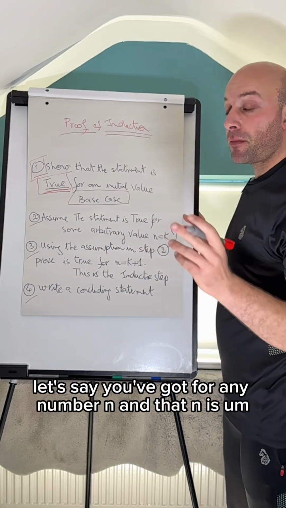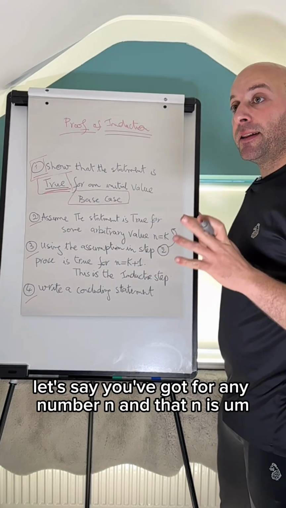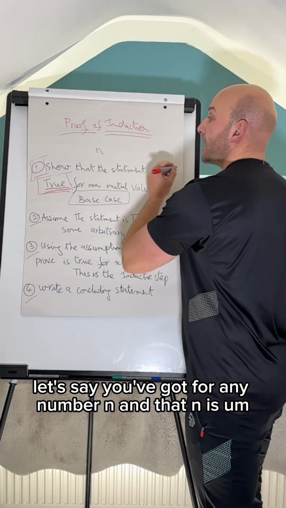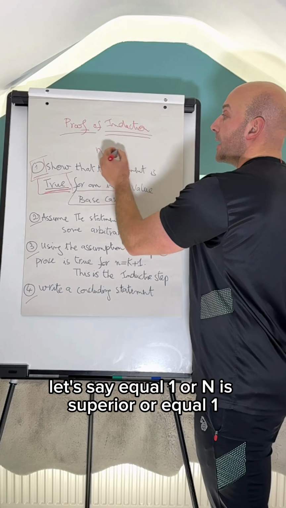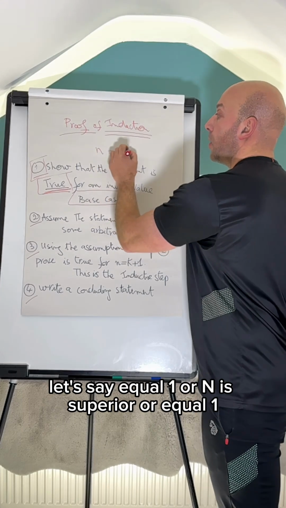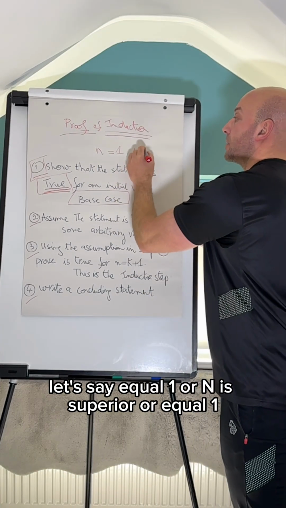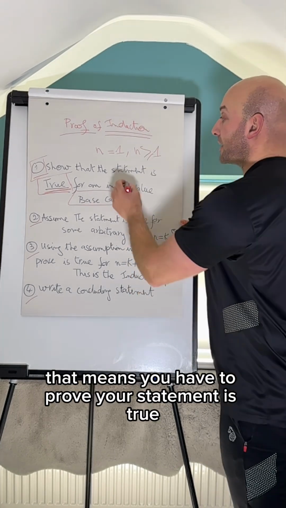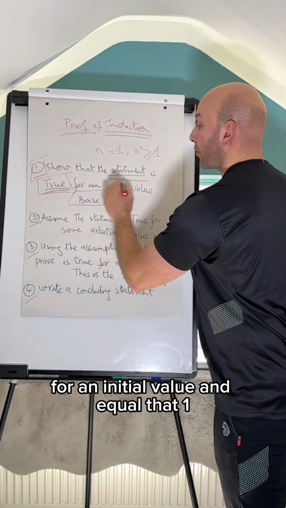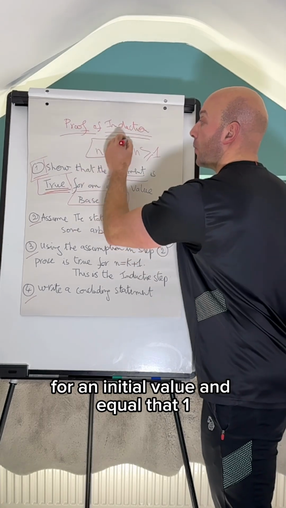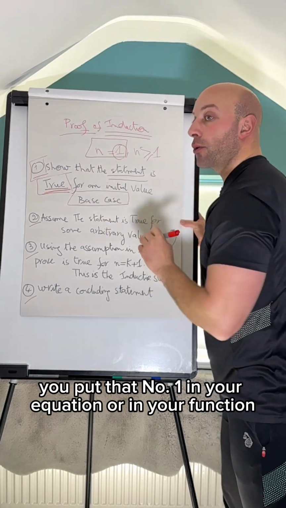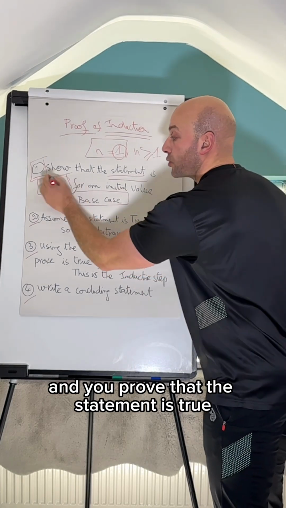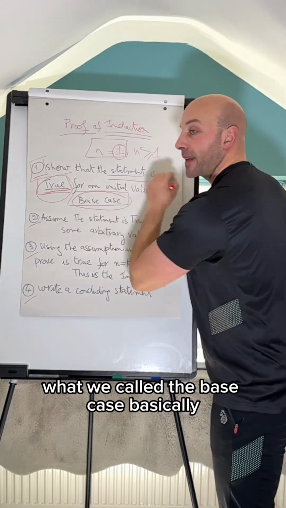Let's say you've got any number n, and n is greater than or equal to 1. That means you have to prove your statement is true for an initial value n equals 1. You put that number 1 in your equation or function, and you prove that the statement is true. We call it the base case.